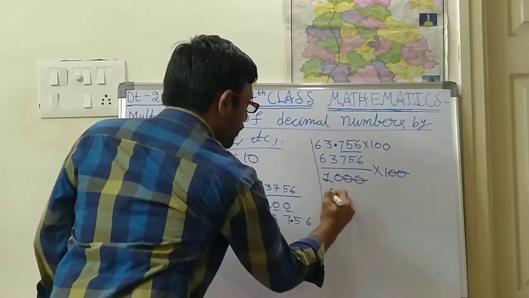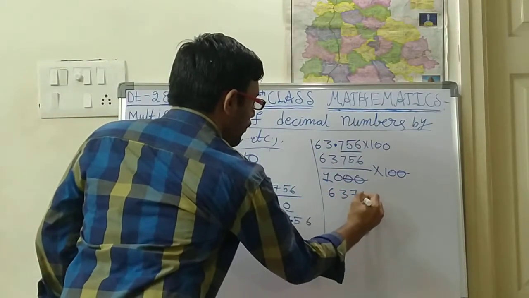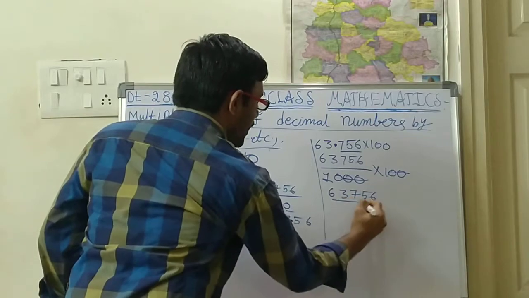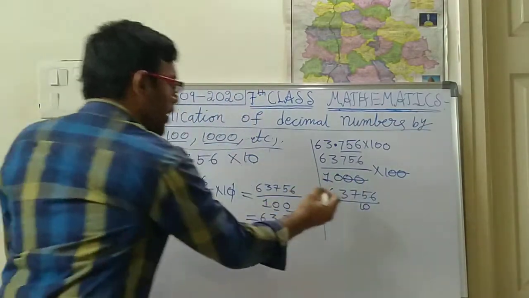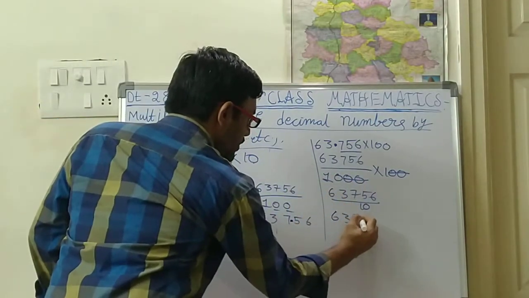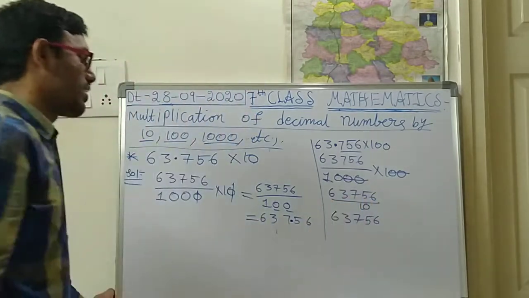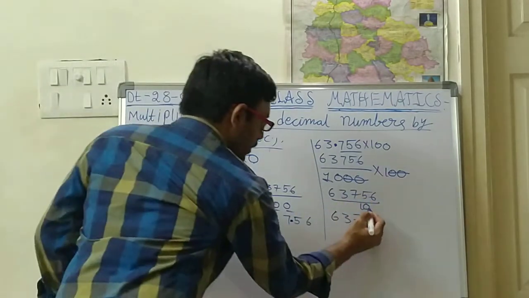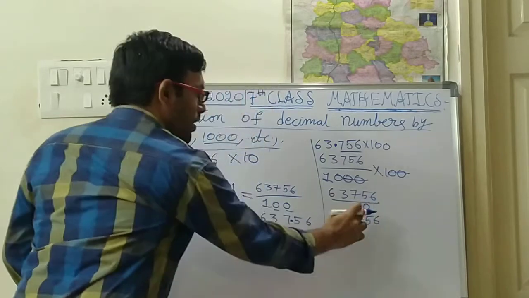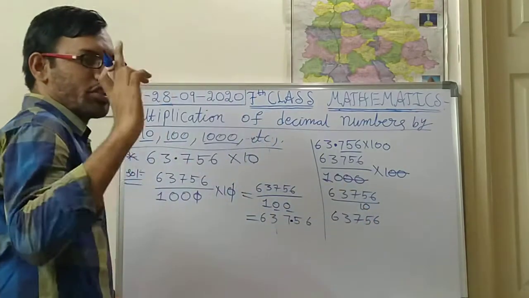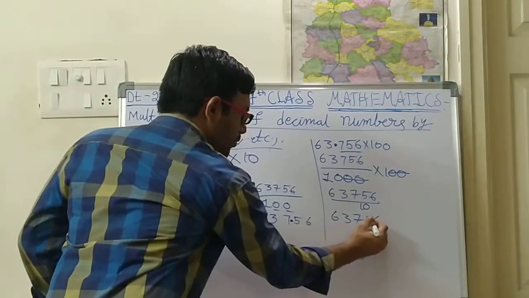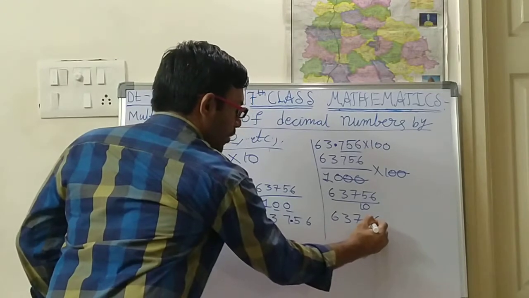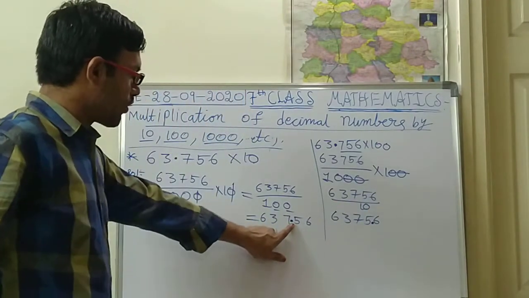So 63756 by 10. By 10 means here first write down 63756. So here in the denominator how many zeros are there? 1 zero is there. So move one step towards the left side.